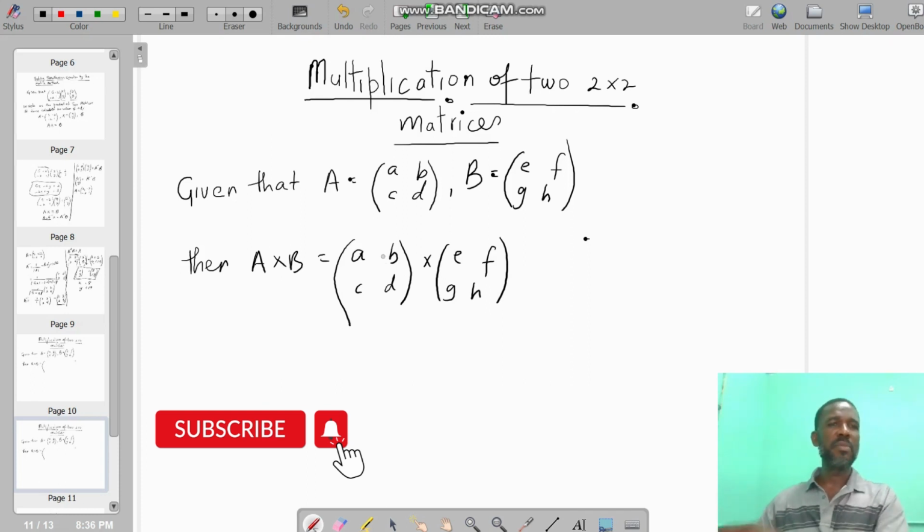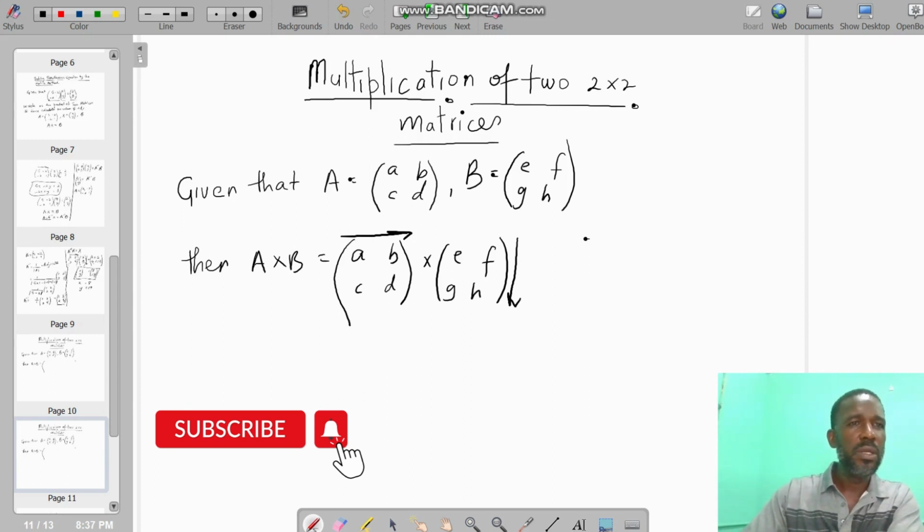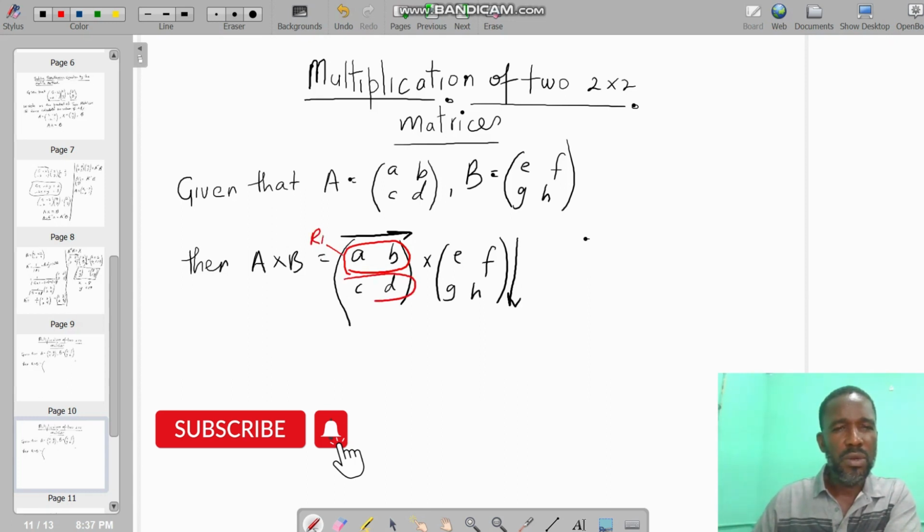Okay. Whenever we're multiplying matrices, one of the things we must remember is that it's the rows of the first multiplied by the columns of the second. So here we have row 1 and row 2.